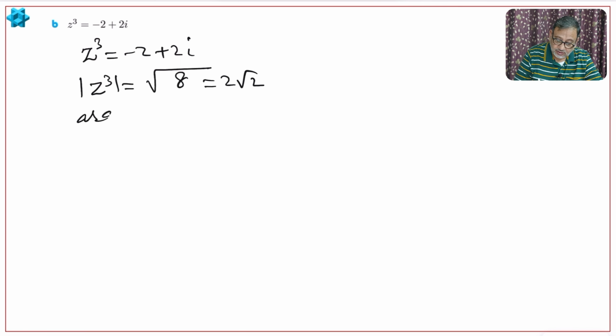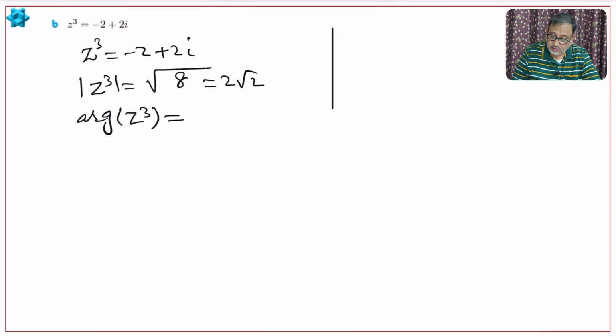And the argument of z cubed is in the second quadrant, negative real part and positive imaginary part. So here is pi by 4, therefore this angle will be pi minus pi by 4, which is 3 pi by 4. So the argument will be 3 pi by 4.